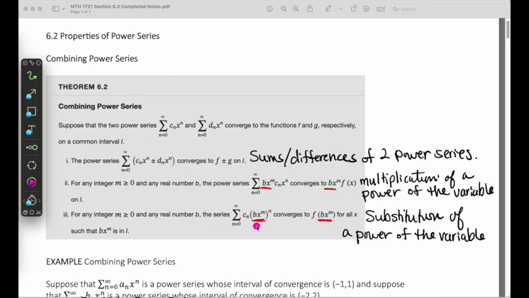If you have a power series Cn x to the n, and you substitute in for x some power of the variable with the coefficient, then it's going to converge to f of b x^m. Whatever it is that you plug in here, you're going to plug in here to see where it converges.